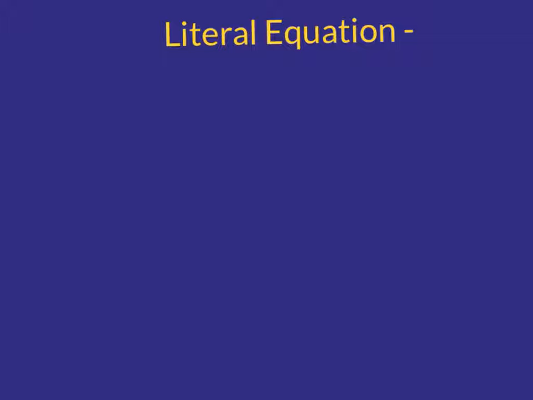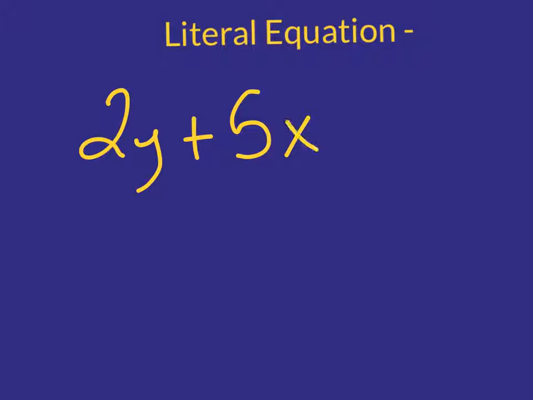An example of a literal equation looks like this, where we could have 2y plus 5x equals 6. That is a literal equation simply because it has two variables, in this case an x and a y. Our task today will be solving these literal equations for a variable.